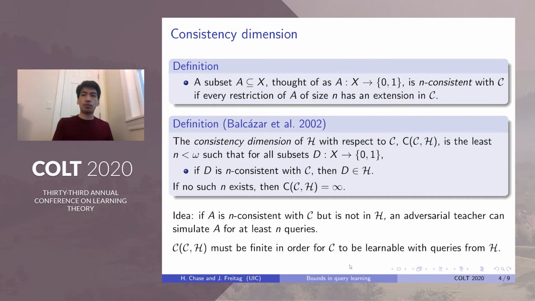The consistency dimension must be finite in order for the class to be learnable with queries from H. Why is this? Suppose we have a set A that's n-consistent with C, but it's not in H. Then no matter what queries we submit, an adversarial teacher can always return information that points towards A for at least n many steps.